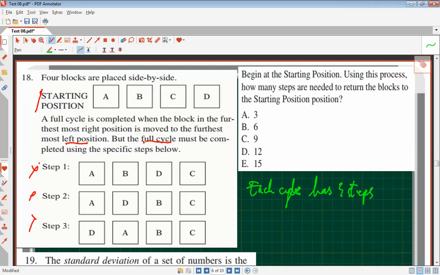Oh, it's simple. It's not difficult. 3 steps, 4 blocks. So that is number 3 times number 4, which is 12. A total of 12 steps are needed to return blocks to the original position. Option D.